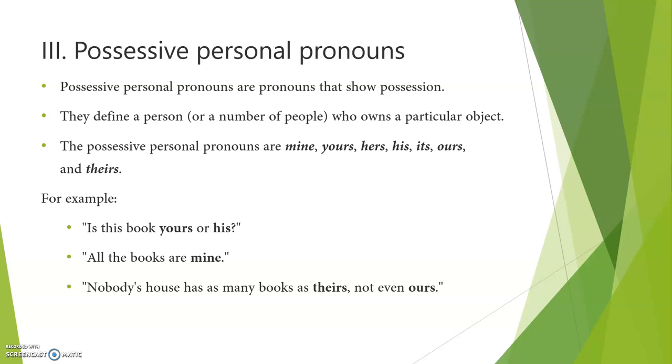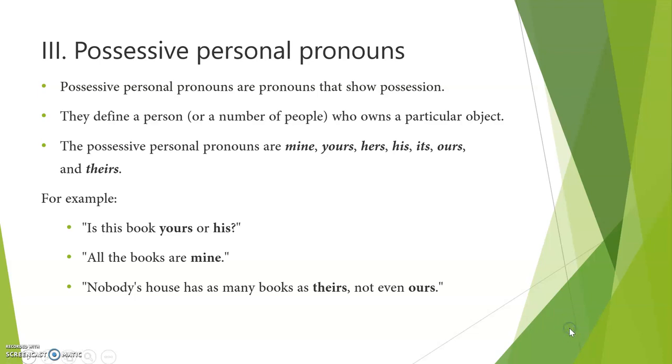The last example is nobody's house has as many books as theirs, not even ours. In this sentence, theirs and ours are the possessive personal pronouns. So these are the three different types of personal pronouns.